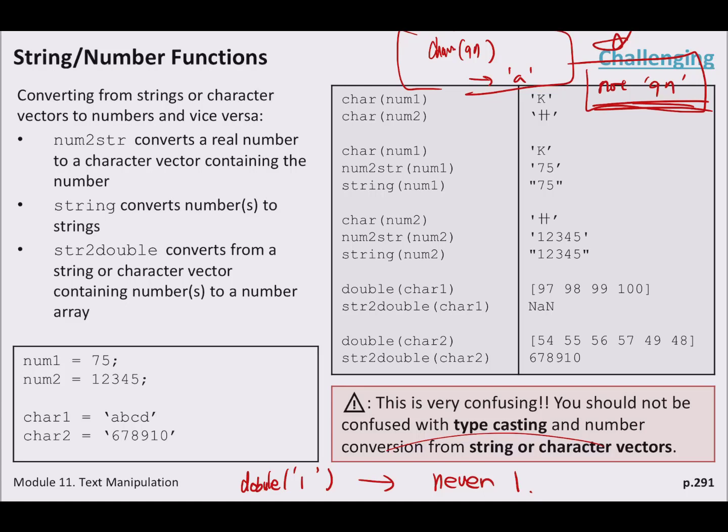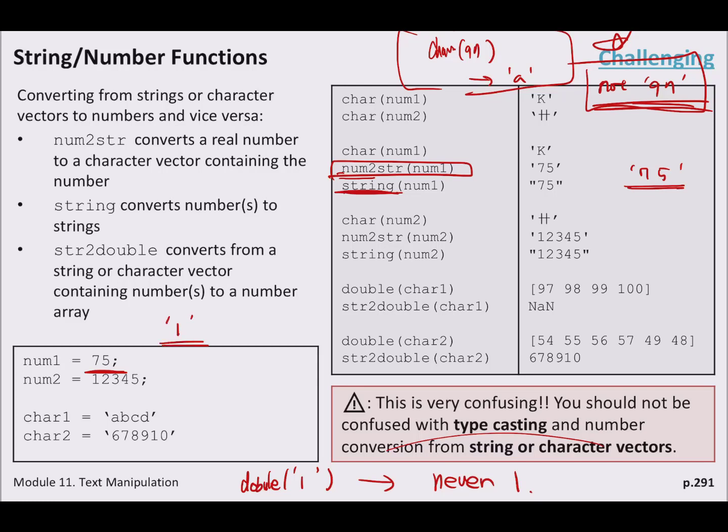What if we want to convert the numeric value to a string? Here the 75. If you want to convert the numeric value to a string, you can just use string. We already saw it here, right? But if you want to convert the character vector, like this one, you need to use num2str. Can you see the difference?